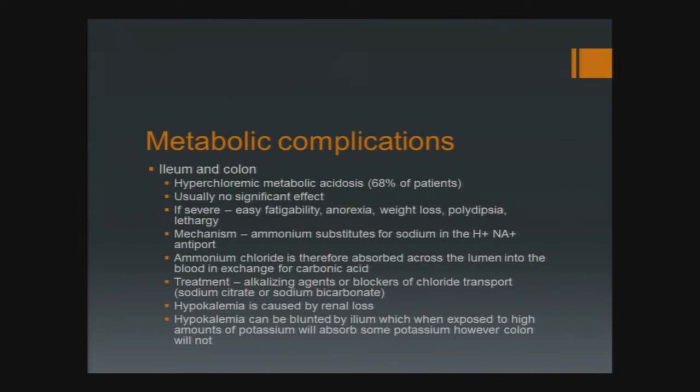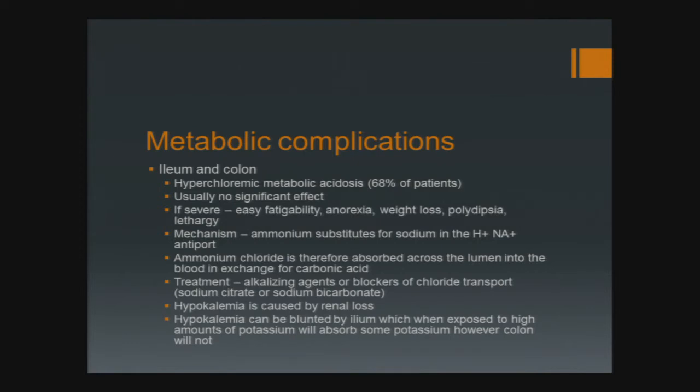And basically, ammonium substitutes for sodium in the hydrogen-sodium antiport, and ammonium chloride is therefore absorbed across the lumen into the blood in exchange for the carbonic acid. Alkalizing agents can help treat this, or any blockers of chloride transport.